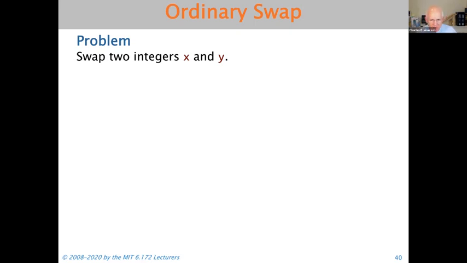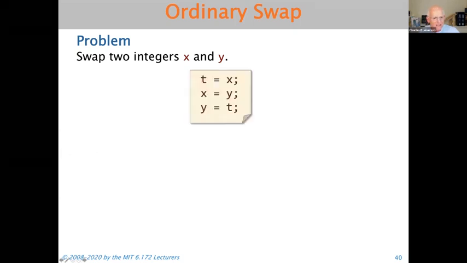To do so, you might temporarily move the desk to an empty space, move the couch to where the desk was, and then move the desk from its temporary space to where the couch used to be. We can do the same thing in code to swap 2 values, X and Y. Here we have 3 lines of code that do that. T is a temporary that we're going to use.